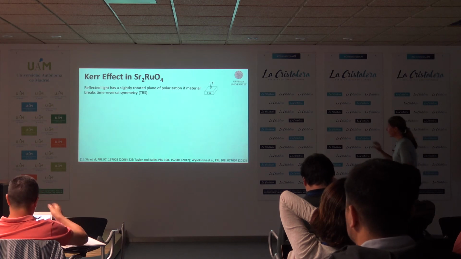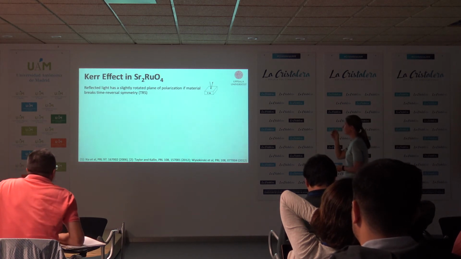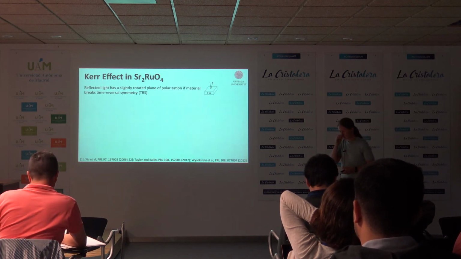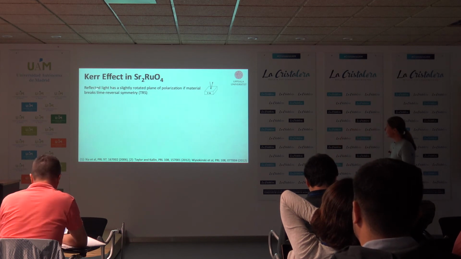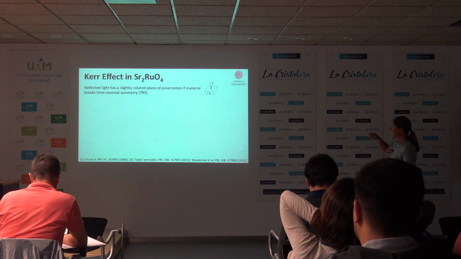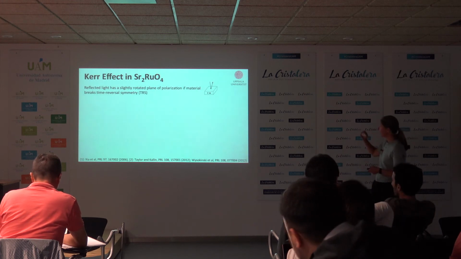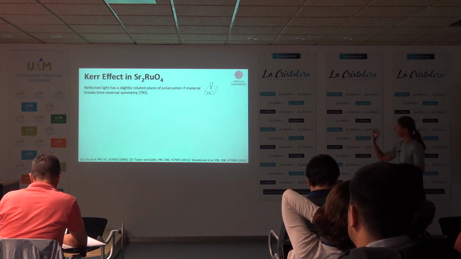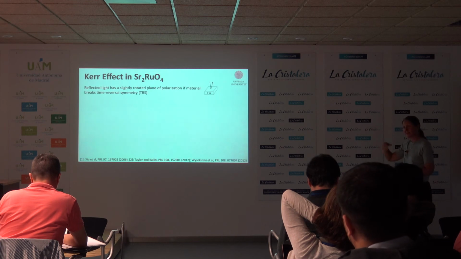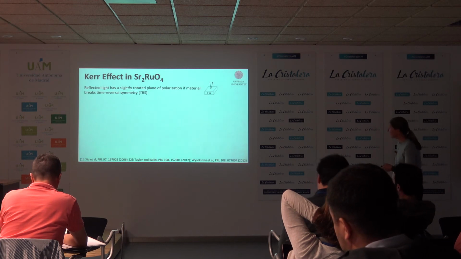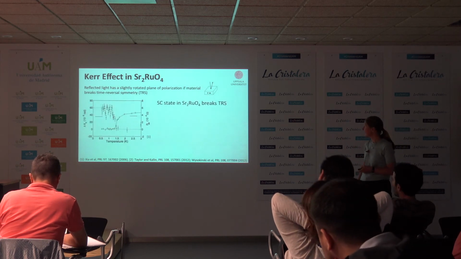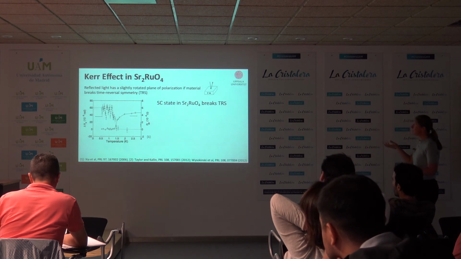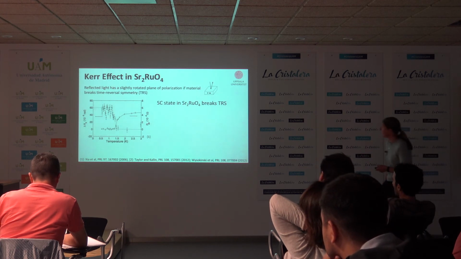So the Kerr effect has been measured in Sr2RuO4, and just to give a crash course on that, you measure reflected light, and it changes the plane of polarization when it gets reflected. It's primarily measured when you reflect light on magnets, so it seems to be a signature of time reversal symmetry breaking. But it was found in Sr2RuO4 too when entering the superconducting phase.